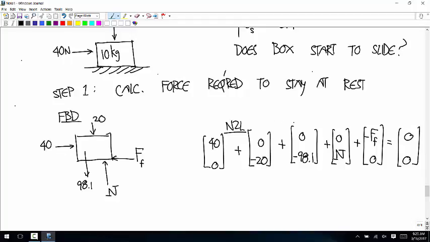And so what we get is that the force of friction has to be equal to 40 newtons. Well, after you see that answer, you're like, well, yeah, obviously.